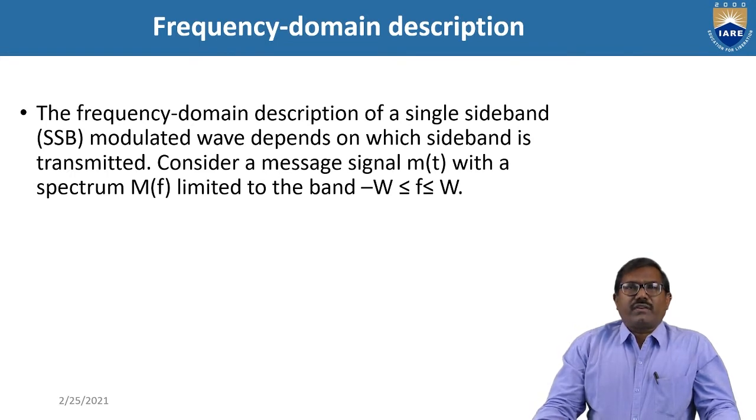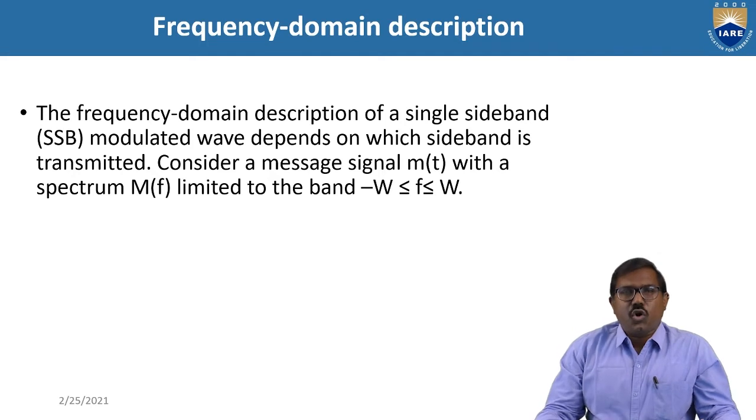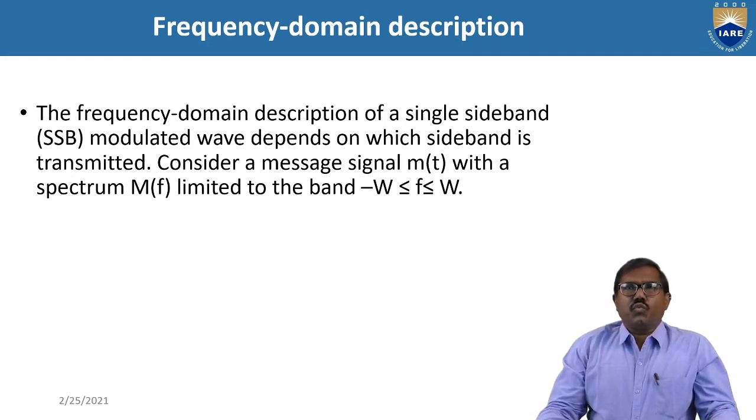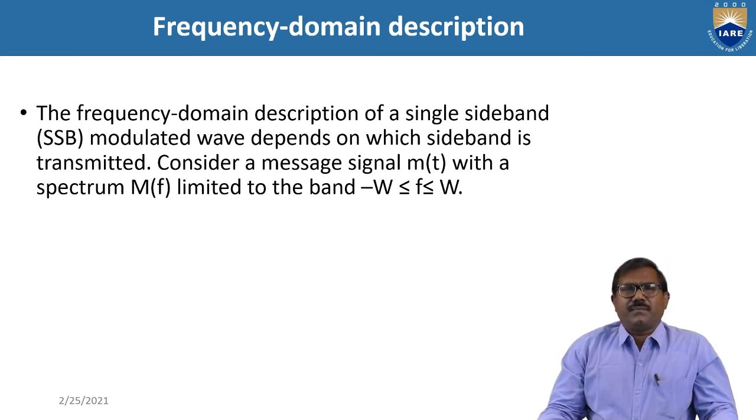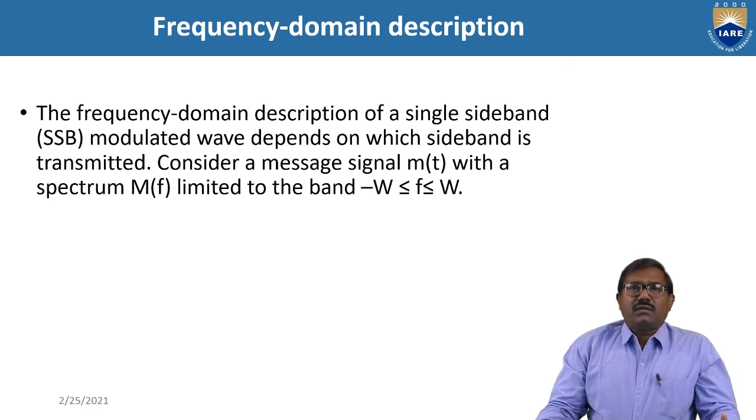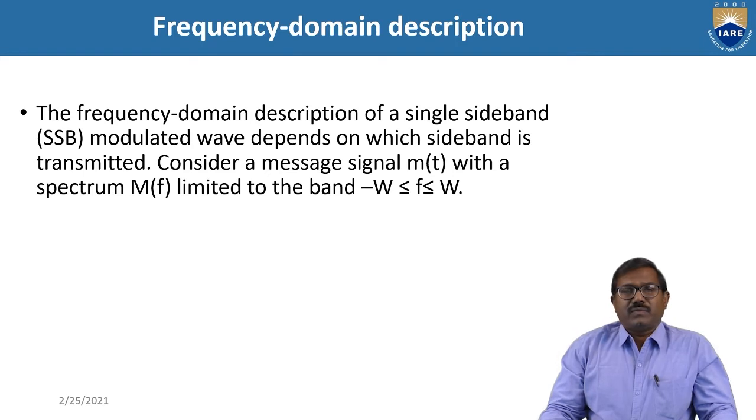Now the frequency domain description. The frequency domain description of an SSB modulated wave depends on which sideband is transmitted. We have two sidebands and we can transmit either one, either the upper sideband or the lower sideband, but generally we use the upper sideband.